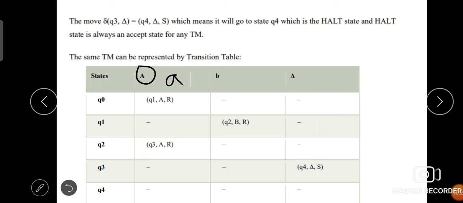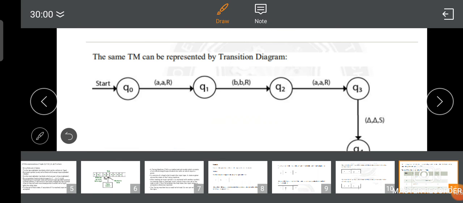Similarly, when b is applied to Q1, the new state will be Q2, small letter b will be replaced by capital letter B, and the head pointer movement is to the right. All the applicable transitions will be placed in the corresponding cells, and the remaining cells will be left blank. In this manner we can draw the state transition table for the given Turing machine.